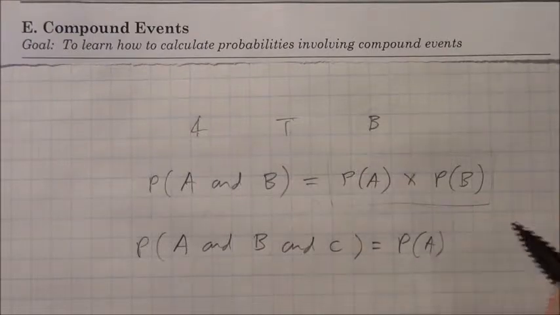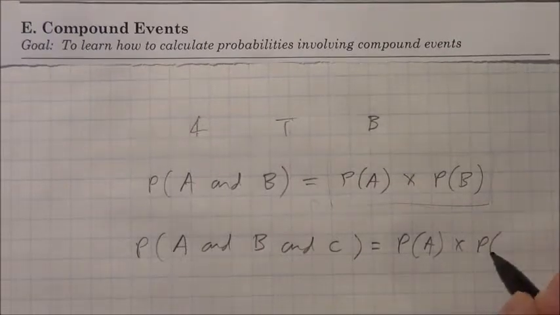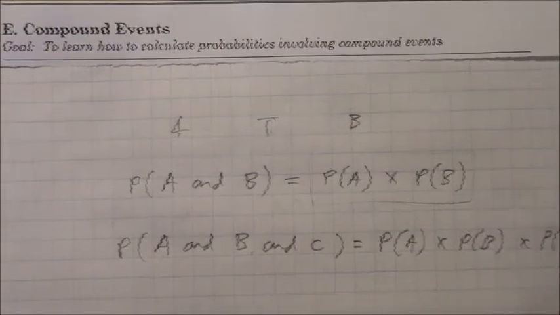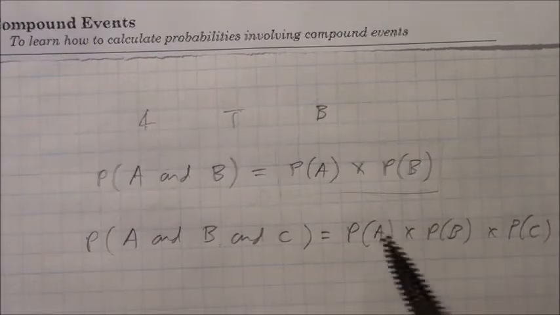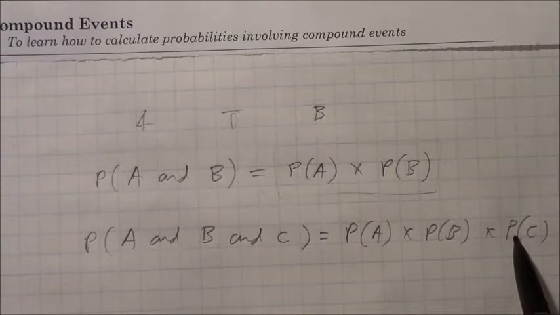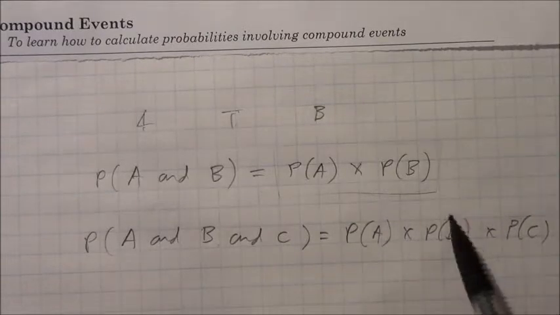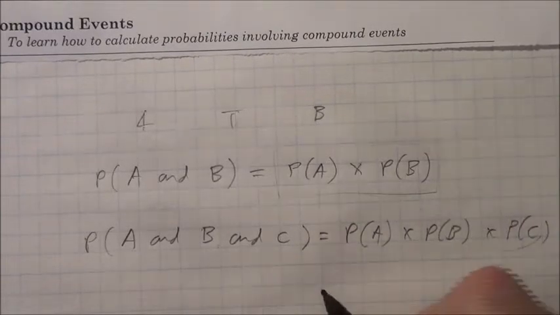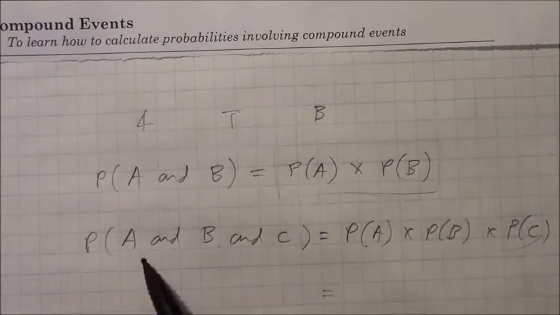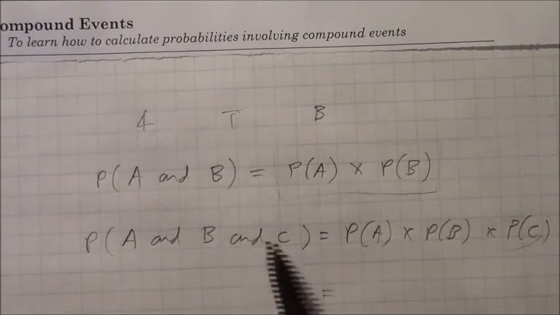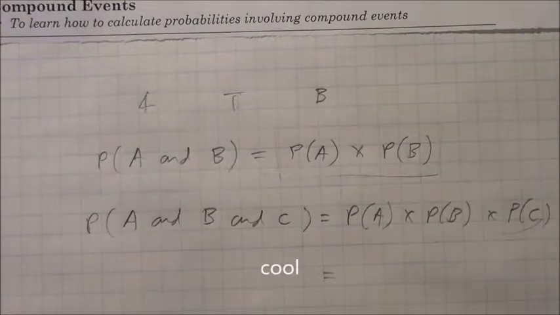We would be able to calculate that probability by multiplying each of the individual probabilities together, because the probabilities don't affect each other, to get the final probability of A and B and C occurring at the same time.